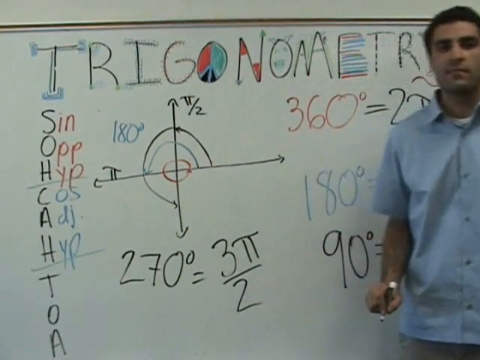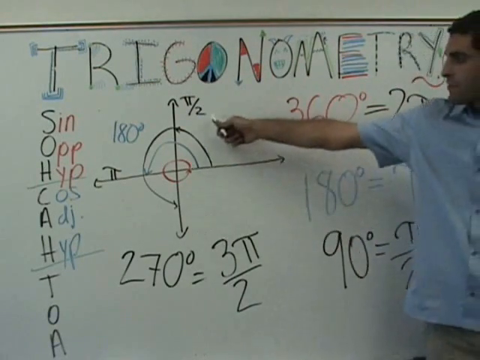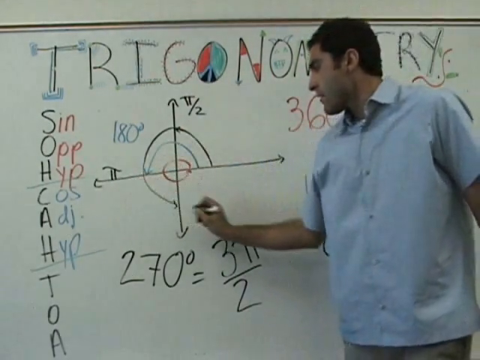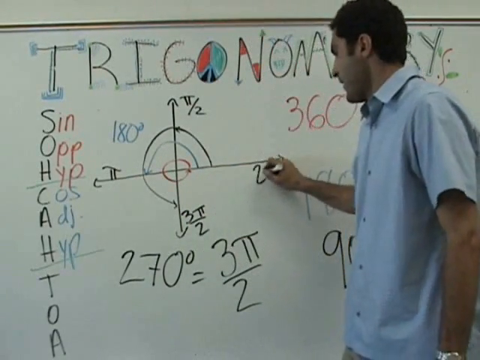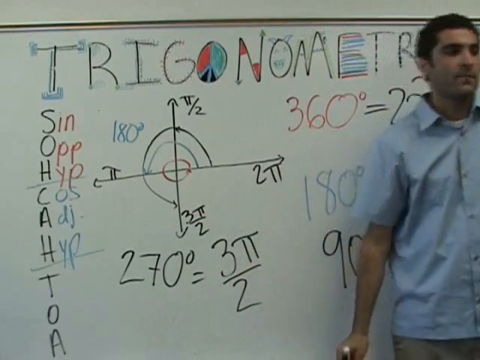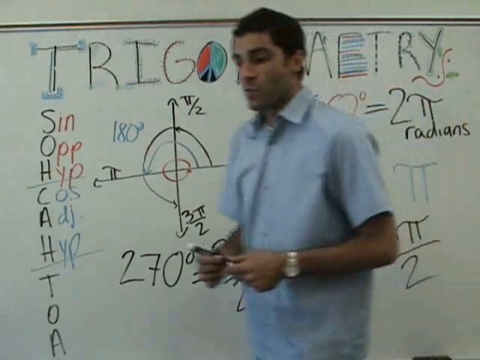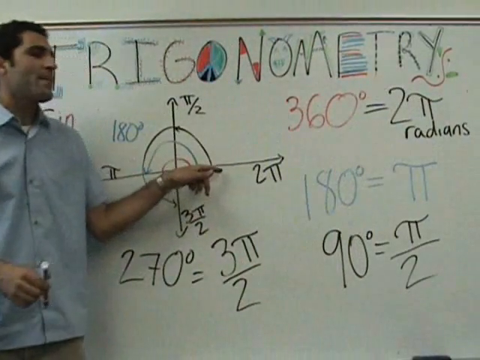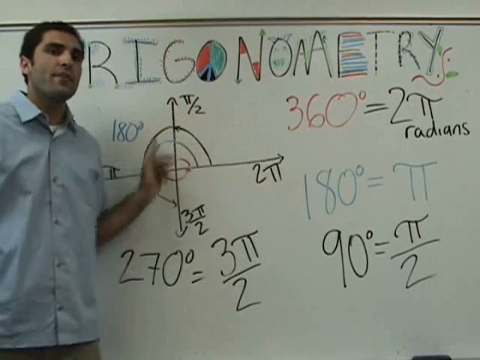Those are the main intersections. We have pi over 2, pi, 3 pi over 2, and 2 pi, or 0. Would you agree that you would end up at the same place if you start at 0 and if you go 360?